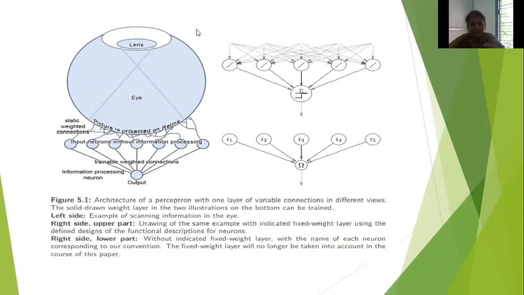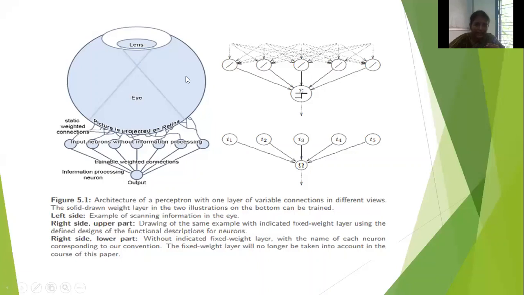Different views. Here, we are able to see the architecture of perceptron with one layer of variable connections in different views. So the leftmost figure is indicating how your human eye is scanning the information.